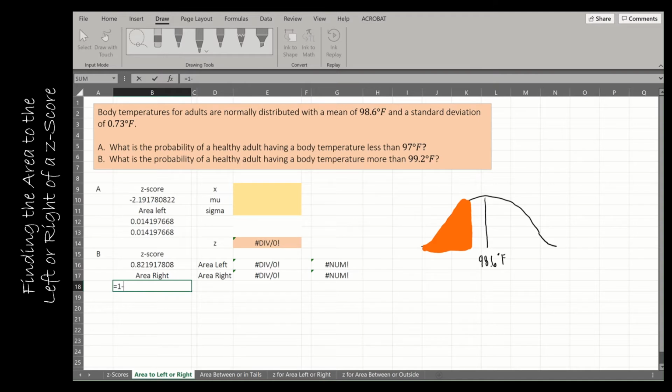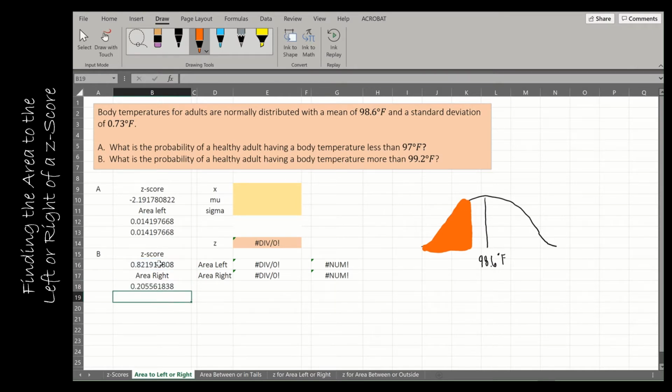The area to the right is what we want because we're looking at more than 99.2, so it's to the right-hand side of 99.2. I'm still going to use norm.dist. This time my z-score is this positive value with a mean of 0, standard deviation of 1, and still cumulative.